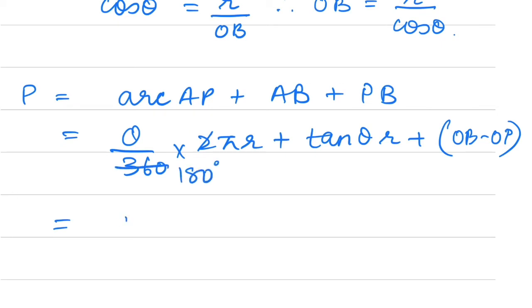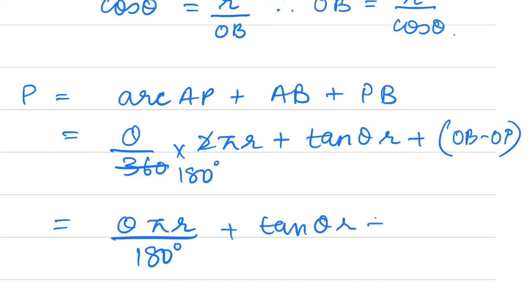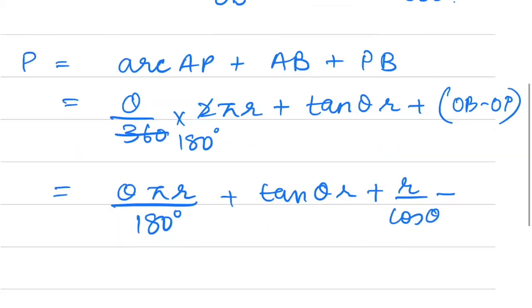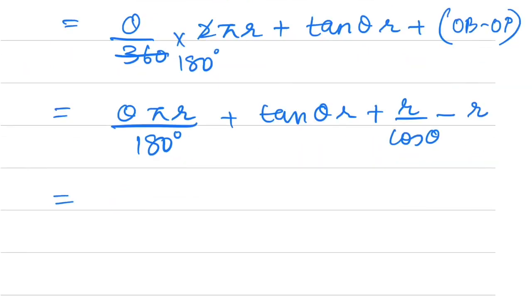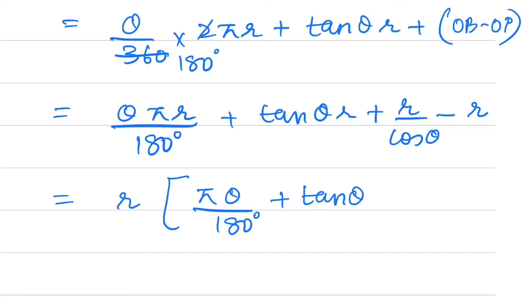So we have pi theta r divided by 180 degree plus tan theta r, and OB we have as r by cos theta minus OP, which is again r here, and we see r is common everywhere, so r times pi theta by 180 degree plus tan theta, and 1 by cos theta I can write down as sec theta, minus 1.